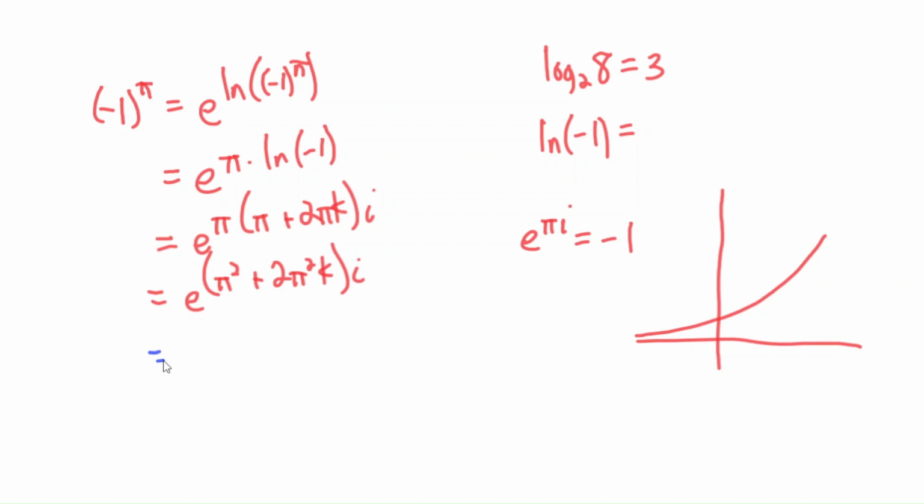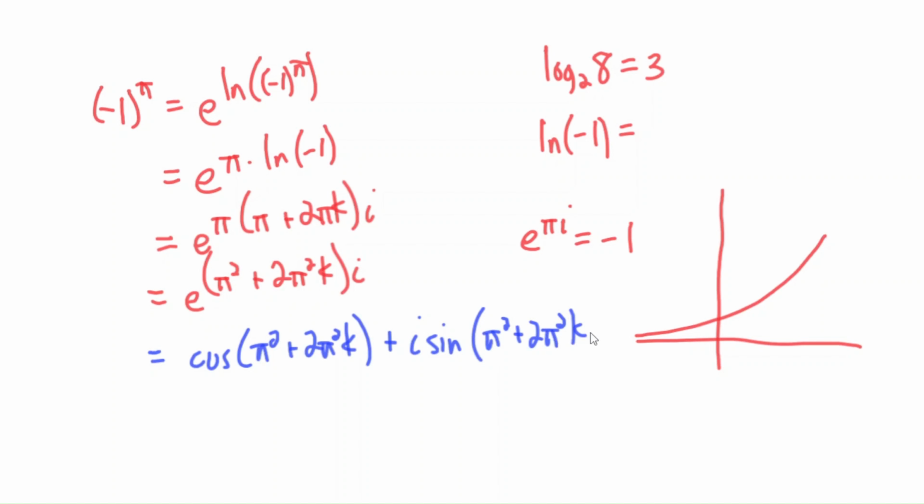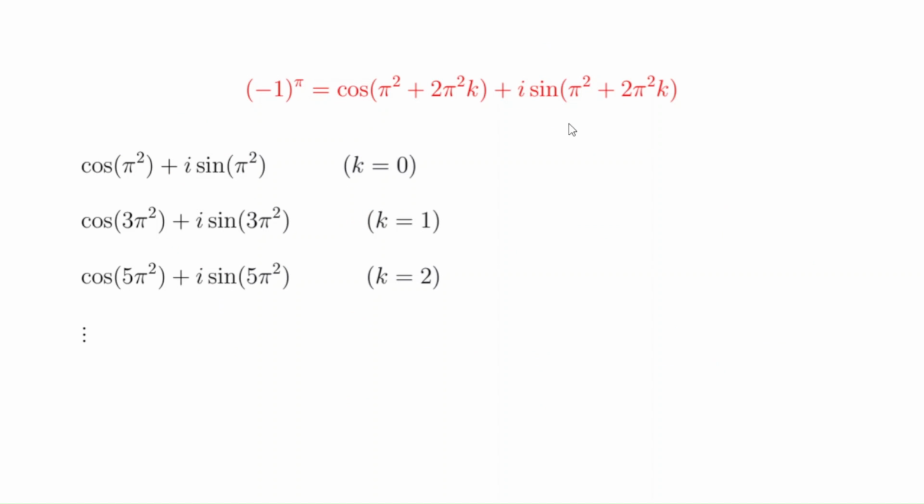So we can write this as equals cosine of pi squared plus 2 pi squared k, plus i sine of pi squared plus 2 pi squared times k. So that again comes from Euler's formula. E to the i theta equals cosine theta plus i sine of theta.